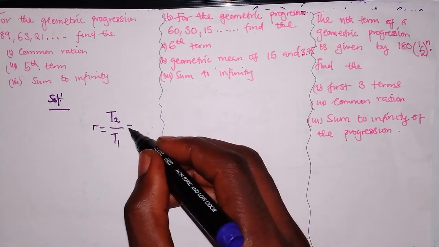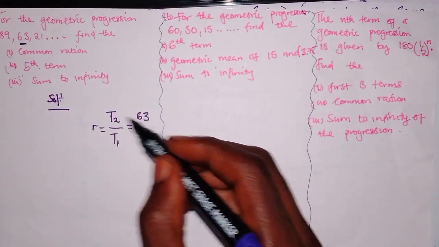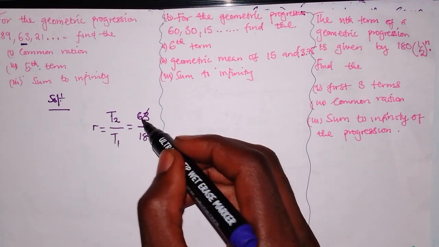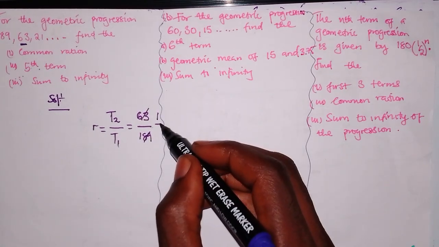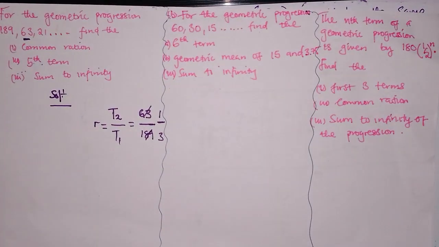When we divide the second term, which is 63, by 189, we have 1/3 as our common ratio.